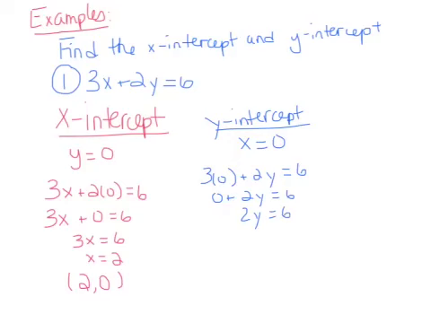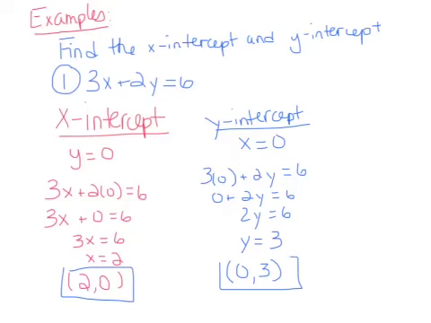If you divide both sides by 2, you will end up getting y equals 3. So we're also going to write this one as a coordinate. This time, since the x is 0, that 0 goes first, and the y is 3, so the 3 goes second. So our answer here is that our x-intercept is 2, 0, and our y-intercept is 0, 3.